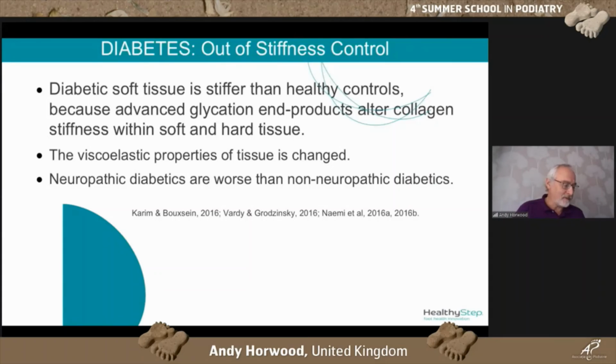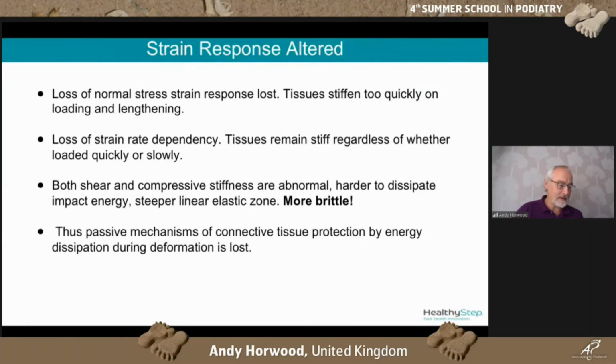Now, where we have problems with diabetics is that diabetic soft tissues are set with higher stiffness as a result of glycation end products. Their viscoelastic properties are therefore altered, and this is found to be worse in neuropathic individuals. This means there is loss of normal stress to strain response, with tissues stiffening too quickly under load.